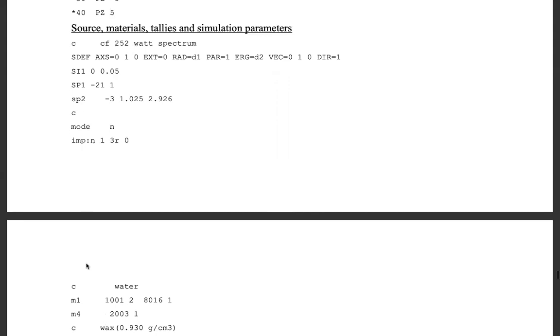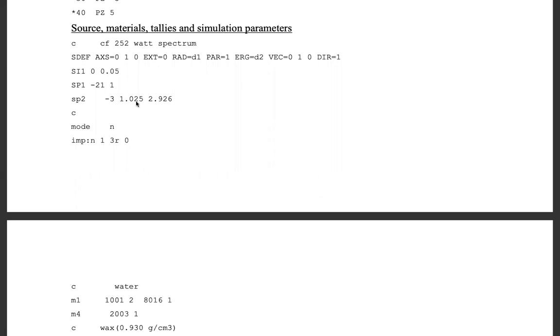The source: I am using a Cf-252 source. So I use a standard built-in probability distribution. Sorry, for the source probability, the energy is distribution 2. So it's SP2, which is a -3 source, and these are the A and B parameters. If you go back in the lectures, you'll see that these are the parameters of a fission spectrum of Cf-252.